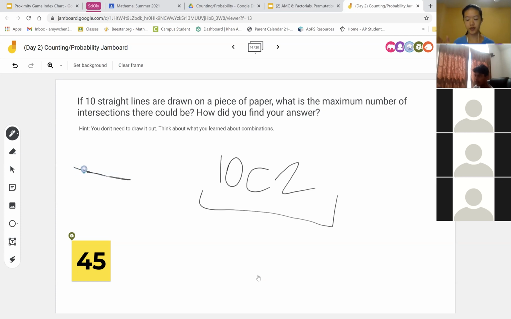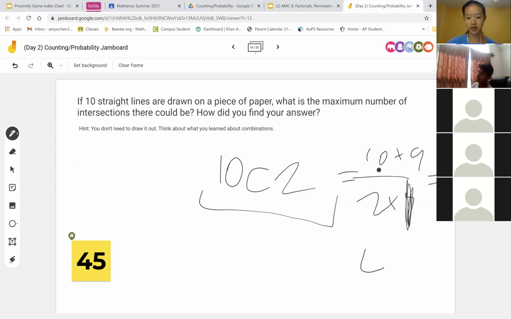That's exactly what we're looking for. If we assume there is an intersection for every pair, then the total number of intersections would be 10 choose 2. That would be 10 times 9 divided by 2 times 1. That equals 45.